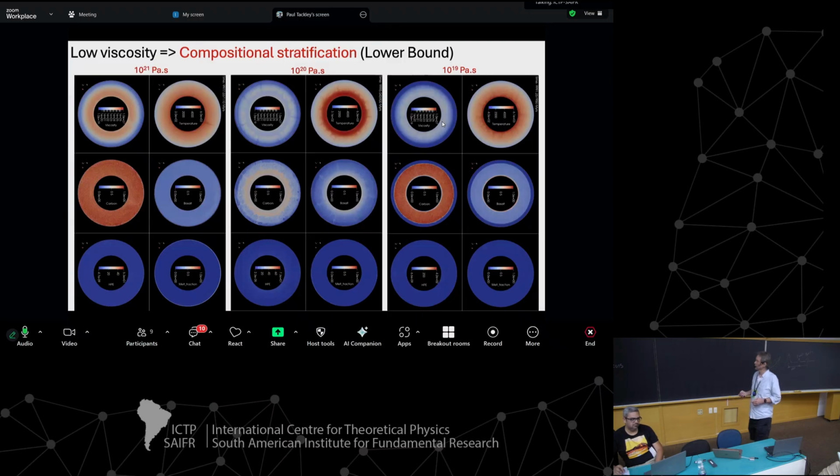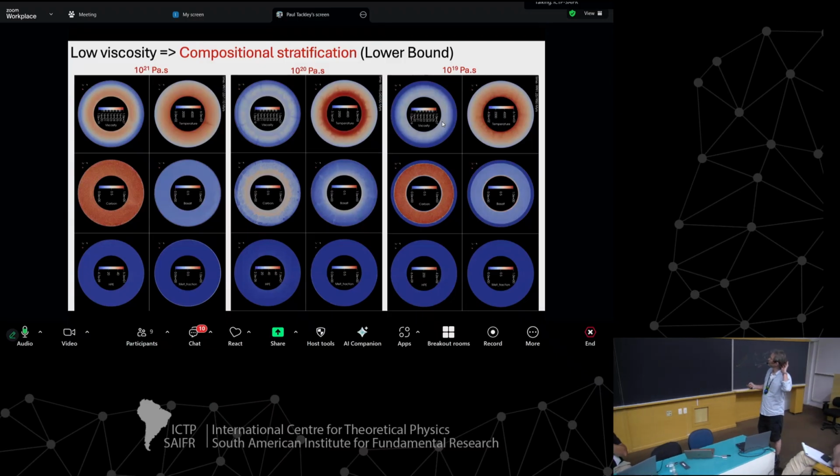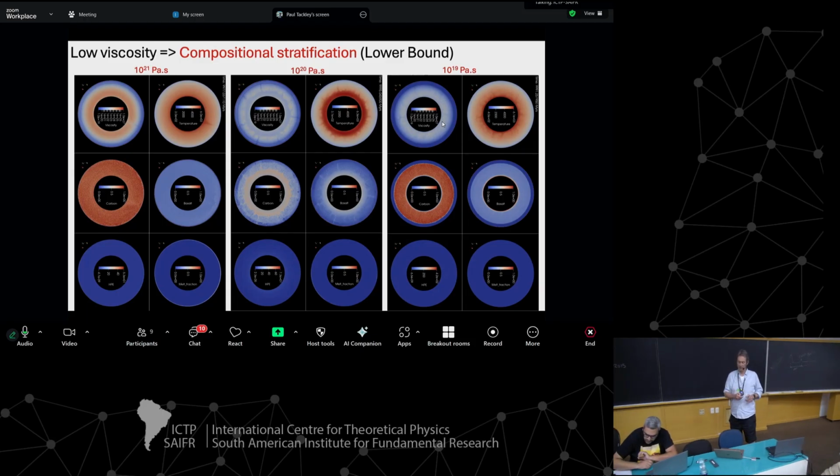Another interesting thing I can point out is that the larger planets tend to be more susceptible to compositional layering. And that's, again, for what I talked about before, related to the ratio of thermal buoyancy to compositional buoyancy. At high pressure, the thermal expansion coefficient tends to become very low. So thermal buoyancy is quite low.